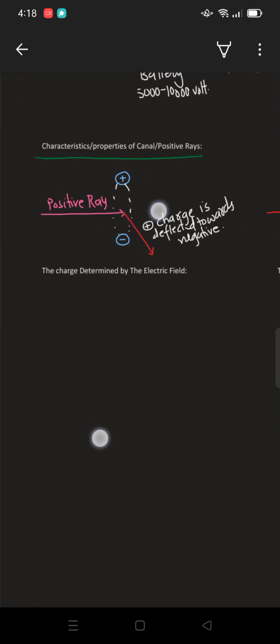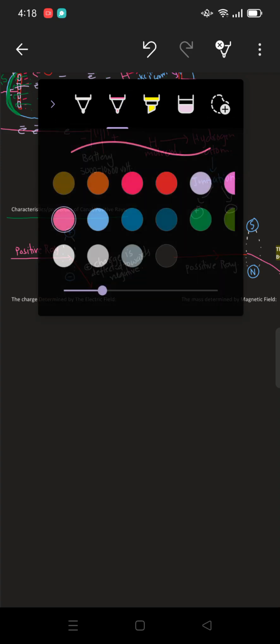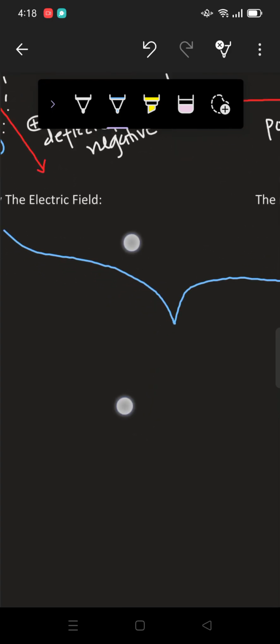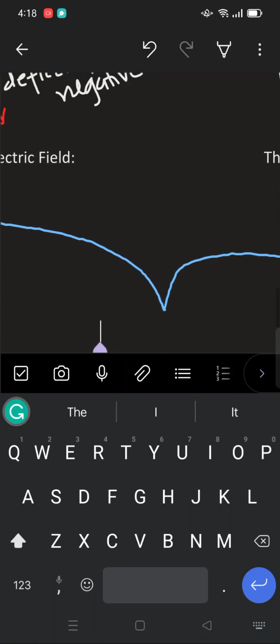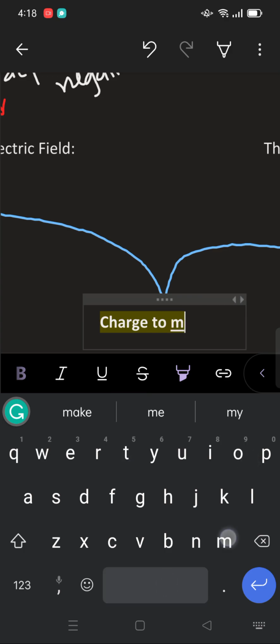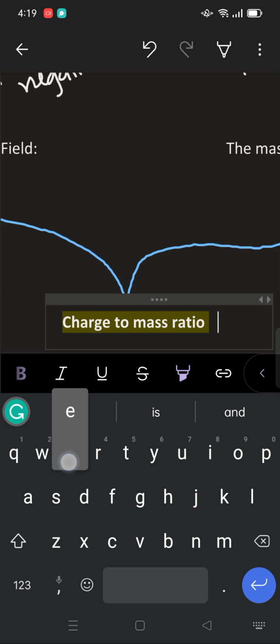So now we are going to discuss the e/m ratio of it. e/m is nothing but the charge to mass ratio, right? Let me write here: this would be the charge to mass ratio, which is e by m.